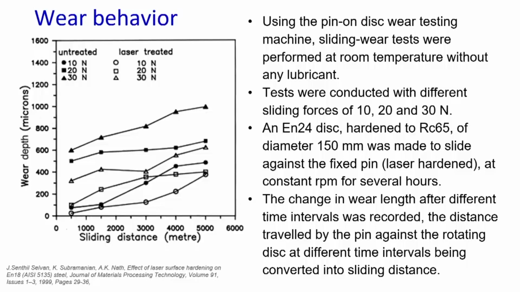Here the wear behavior is studied by using an instrument called a pin on disc instrument. The name itself suggests we are using a pin and a disc, and we are putting the pin on the disc. The disc is continuously rotated at a certain RPM. There is contact of the pin with the disc continuously during the rotation, and due to this contact there would be wear of the pin.